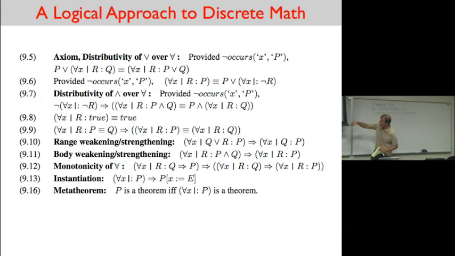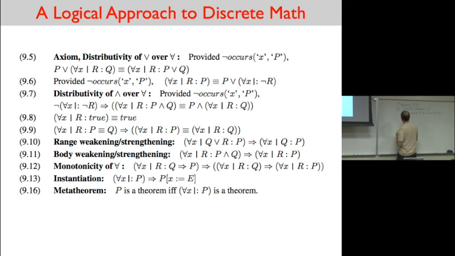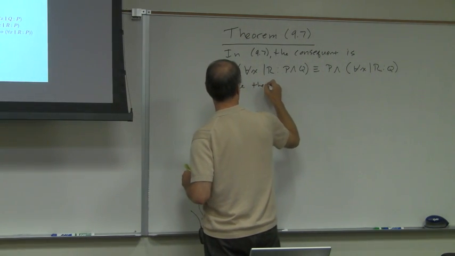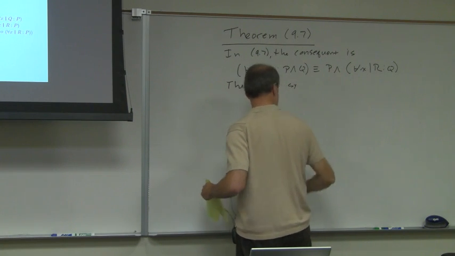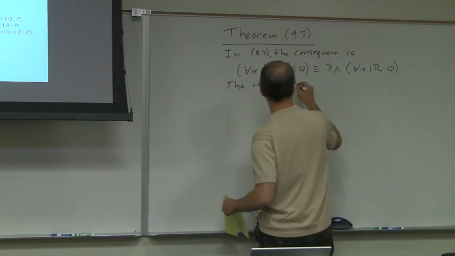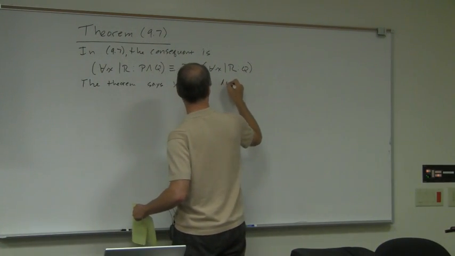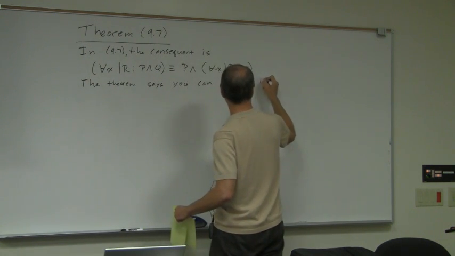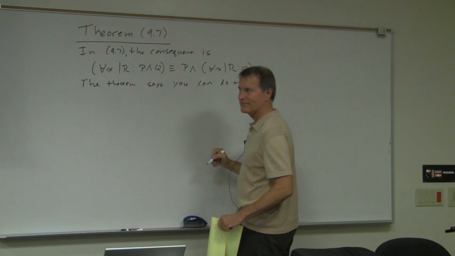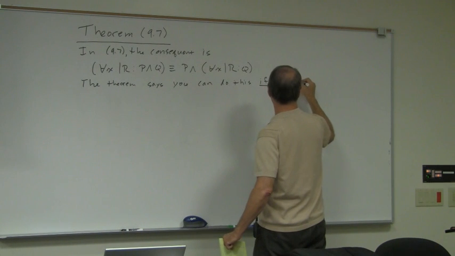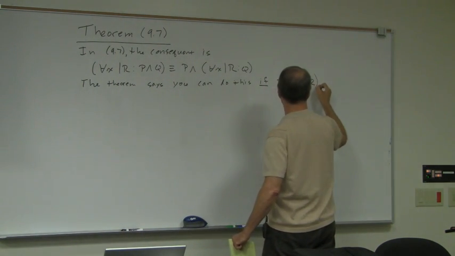The theorem says you can do this if not for all x, range true, body not R. Is it body R or body not R?